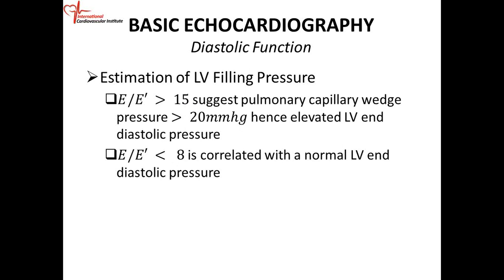Okay, we put a catheter, say, through the femoral vein, and then we go up to the right side of the heart. We use a special catheter, a Swan-Ganz catheter, or any type of catheter that can measure pressure.